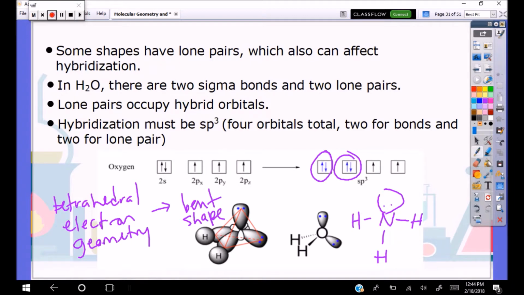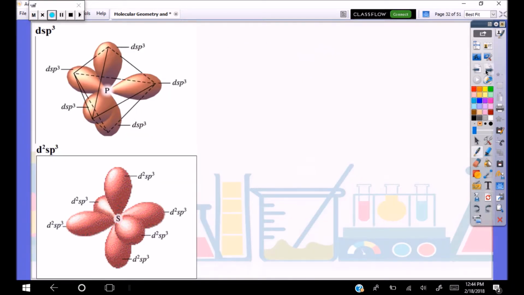All right. So then the last couple of hybridizations we really need to look at, and this should be relatively new, is dsp3 and d2sp3. If we are looking at things like phosphorus and sulfur, let's look at something like PCl5 and SF6.